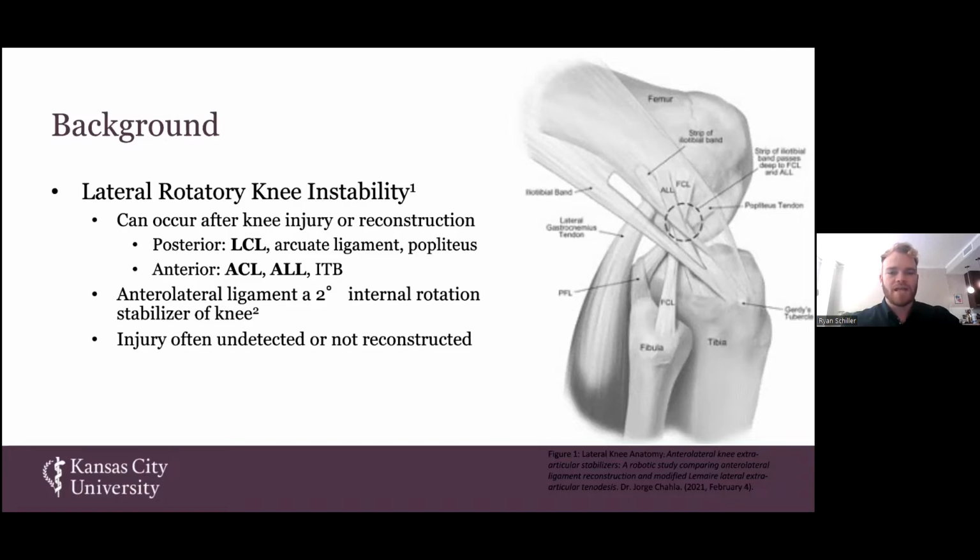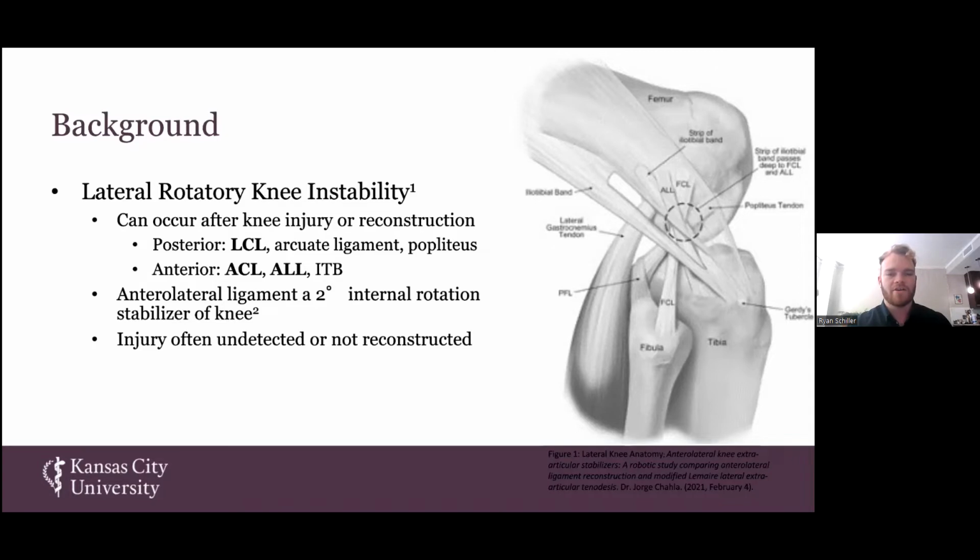The posterolateral rotatory instability mainly involves the lateral collateral ligament, or the LCL, as well as the arcuate ligament and popliteus muscle and tendon. For the anterolateral instability, it's chiefly the anterior cruciate ligament, or the ACL, as well as the anterolateral ligament, or ALL, and the IT band.